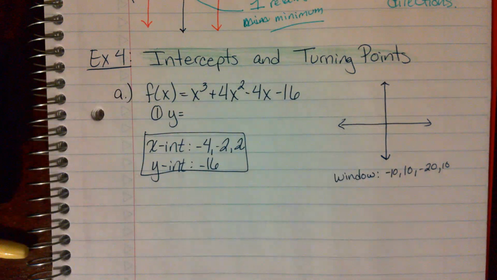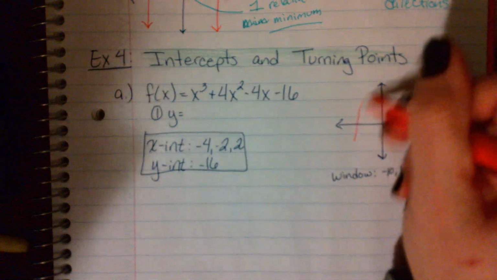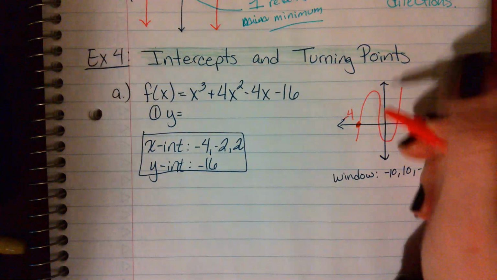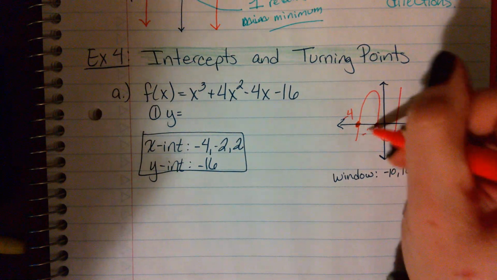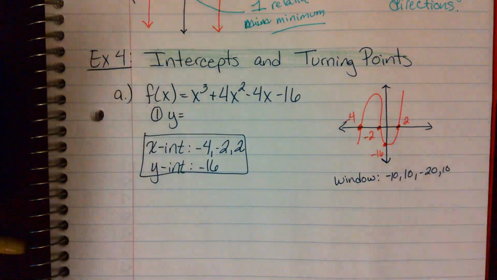Okay, I'm just going to graph this, just a rough draft here. So I know this was negative 4, negative 2, positive 2, negative 16.